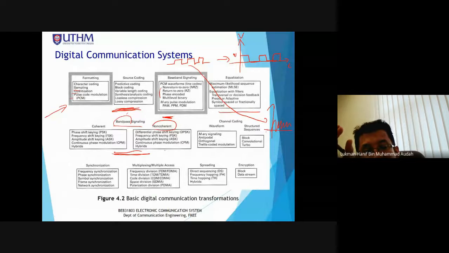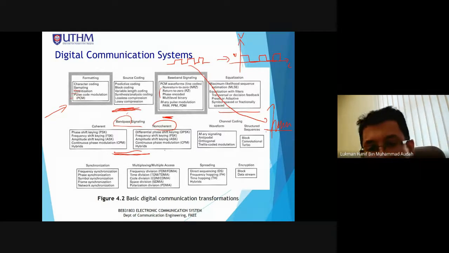If the receiver does not require additional external input to produce the carrier component, then we call it non-coherent. Okay, non-coherent tidak memerlukan oscillator untuk menghasilkan carrier component. Manakala dalam coherent receiver, dia memerlukan oscillator untuk menghasilkan carrier component. That's the difference in terms of receiver design.